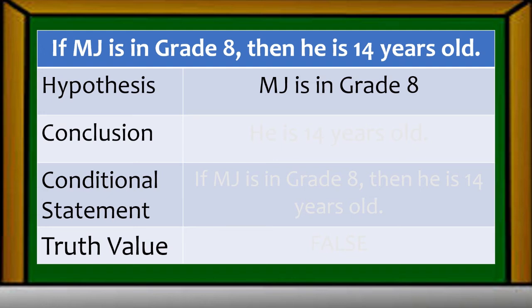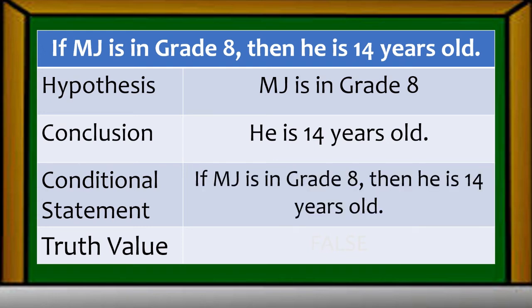The conclusion now is he is 14 years old. From our hypothesis and our conclusion, the conditional statement could be, if MJ is in grade 8, then he is 14 years old. How about its truth value?